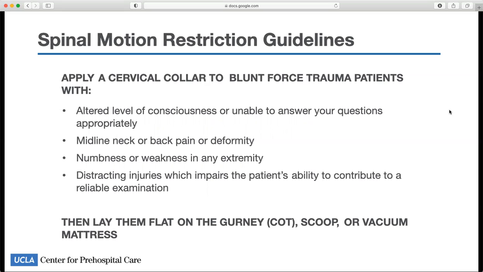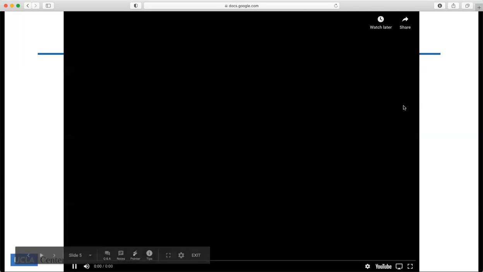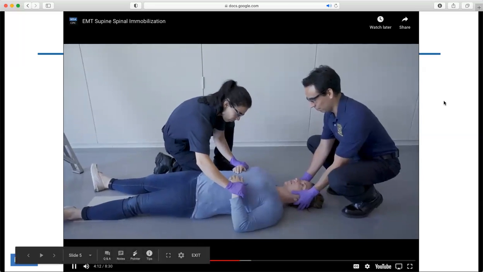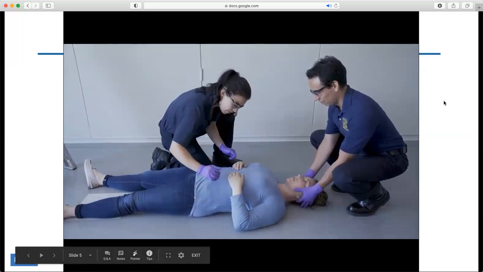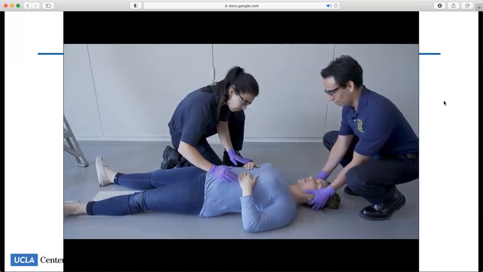The following is a demonstration of how to apply the cervical collar, starting with the sensation, motor, and pulse checks. I will then ensure my patient has a good pulse, motor response, and sensation in all four extremities.